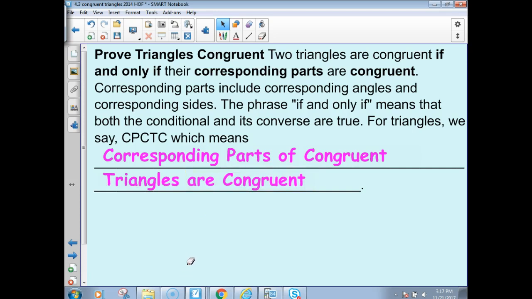CPCTC. I'm going to say it over and over. Corresponding parts of congruent triangles are congruent. I've actually heard corresponding parts of congruent polygons are congruent. But we're going to do triangles.